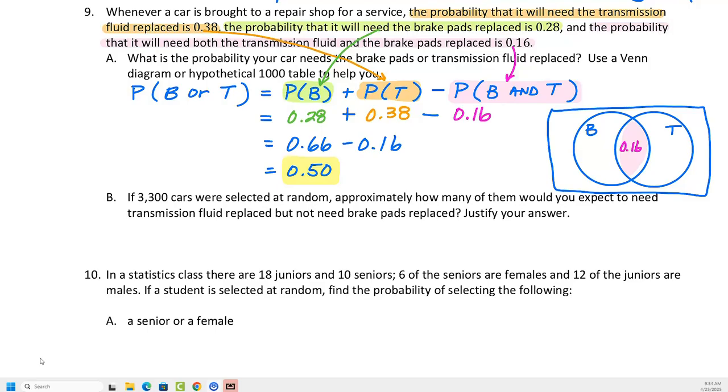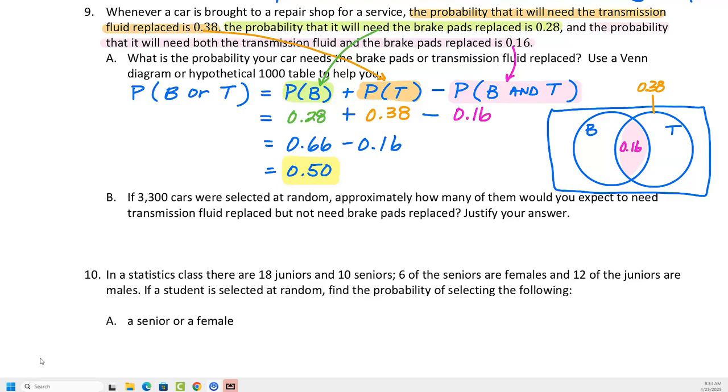We know that the whole transmission is going to be 0.38. There we go. So 0.38 minus that 0.16, isn't this 0.22 here? Because they have to add up to the 0.38.